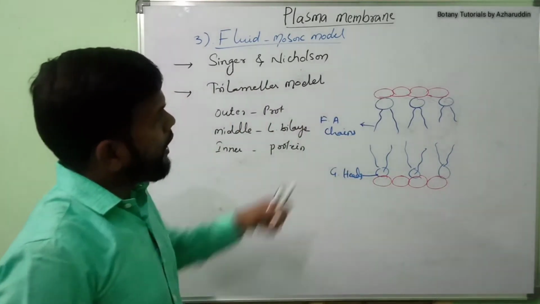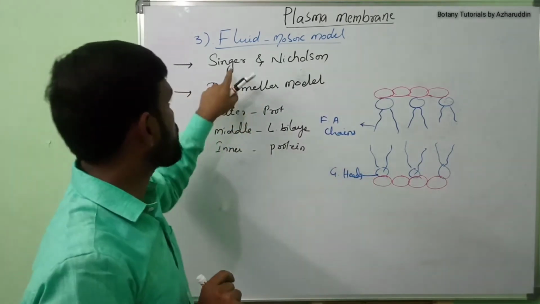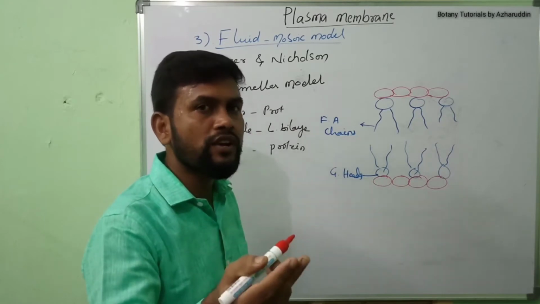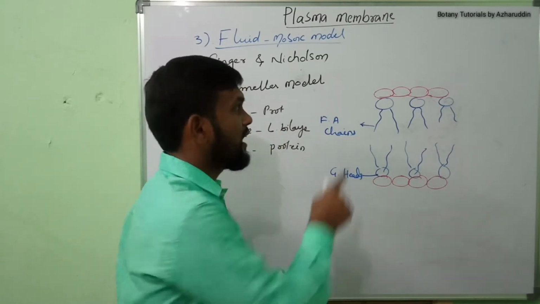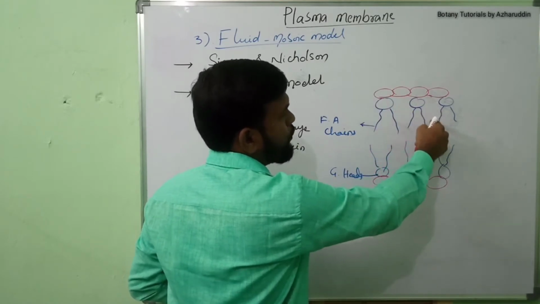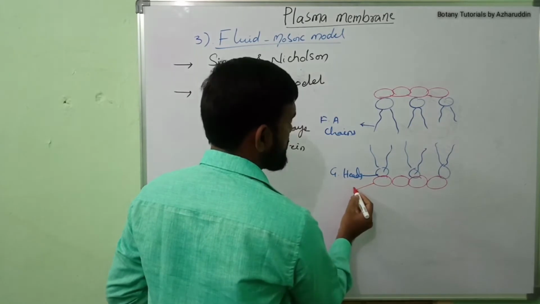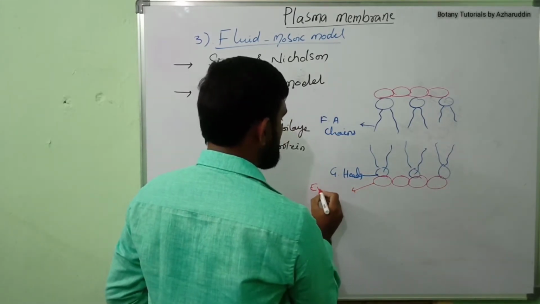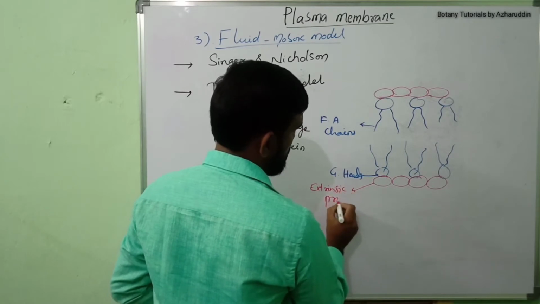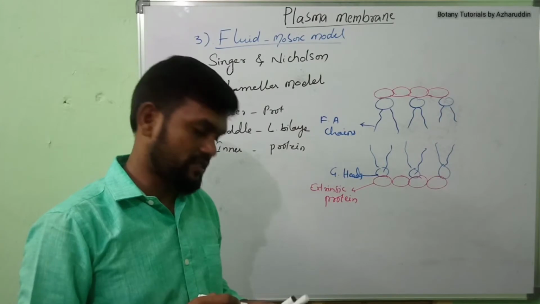Next, again in the proteins, two types are present. According to Singer and Nicholson, proteins are of two types: extrinsic proteins and intrinsic proteins. Extrinsic proteins are present outside the phospholipids. These are extrinsic proteins. Next, coming to intrinsic proteins.